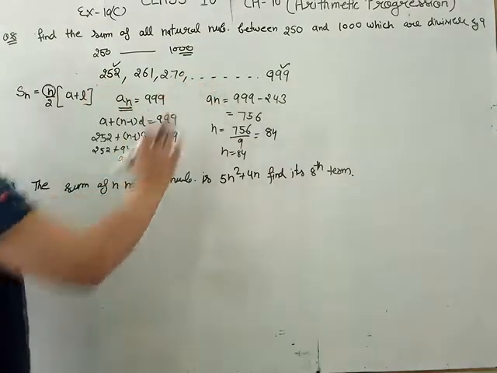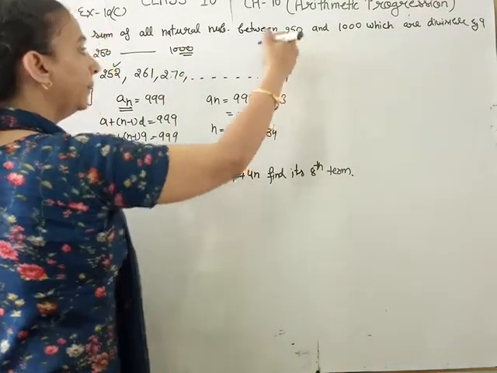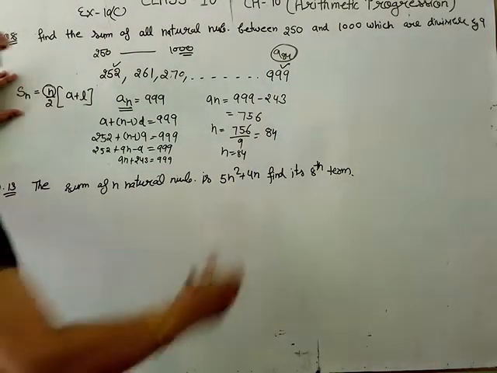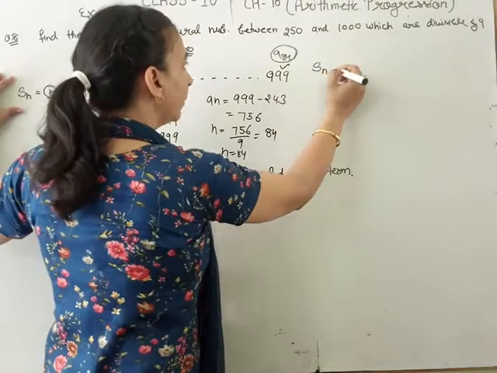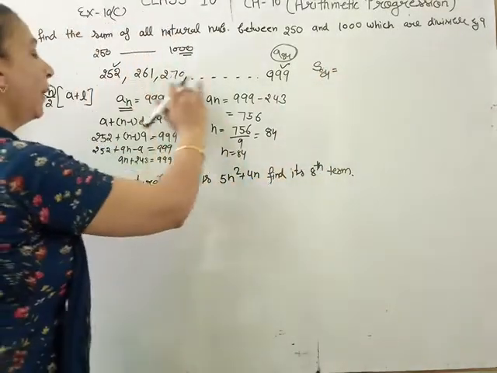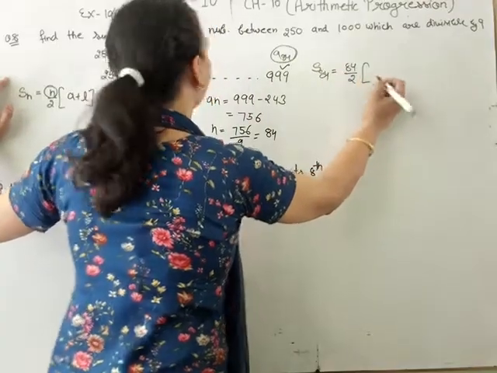There are a total of 84 terms, and this is a84, the 84th term. So we take the sum Sn, and in place of n we write 84, the sum of 84 terms equals 84 by 2 into the first term.